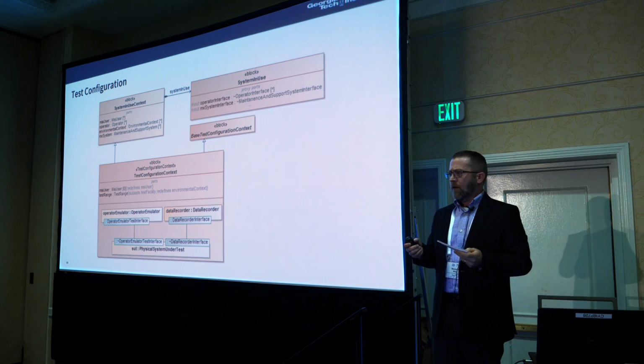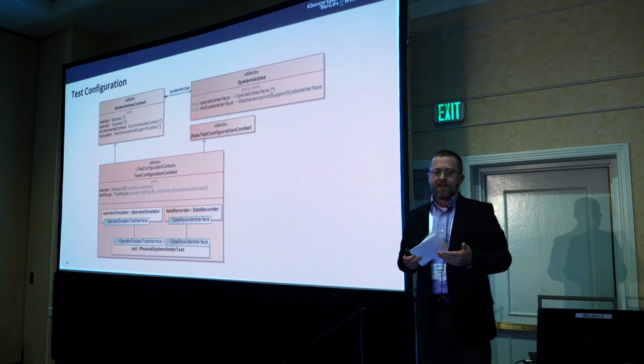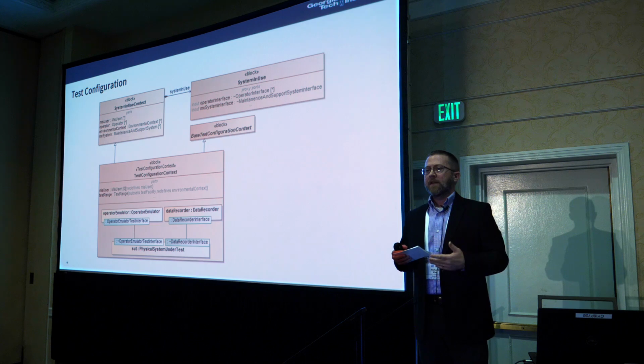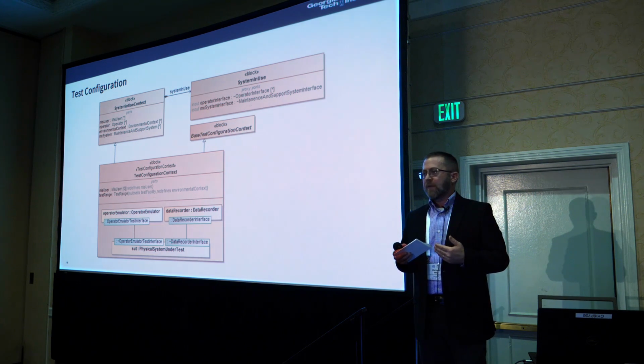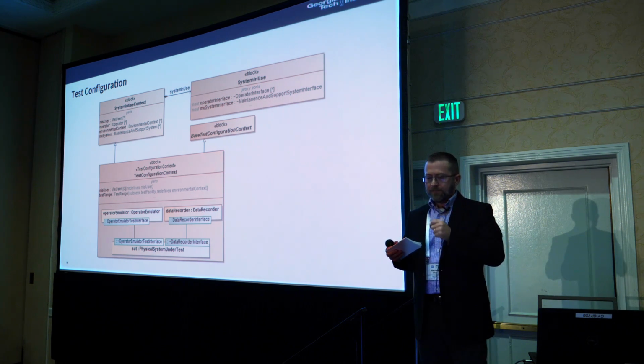So what is a test configuration? A little more about that. Well, it inherits from the system in use context, which enumerates all the actors that communicate with the system. And this is important in determining what interfaces the system in use, the system we're looking at, has to have in order to realize the expected behavior.